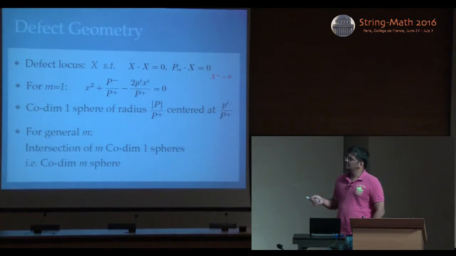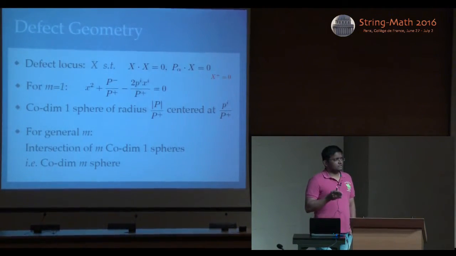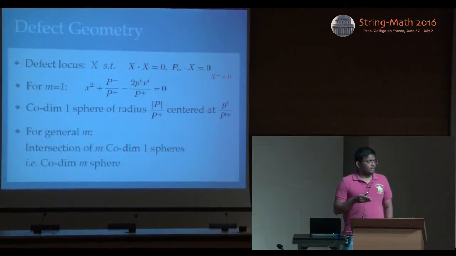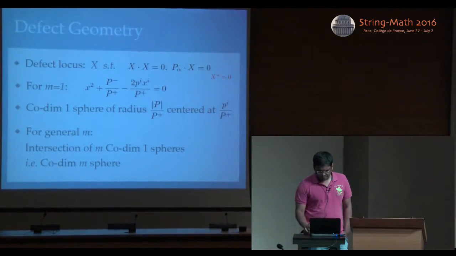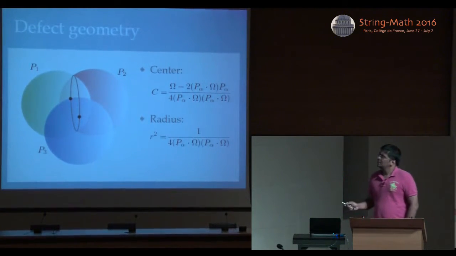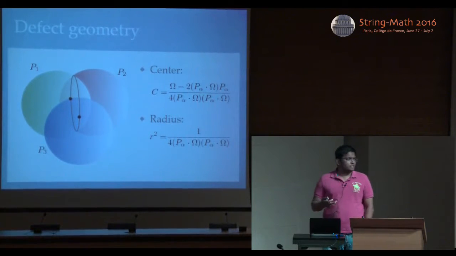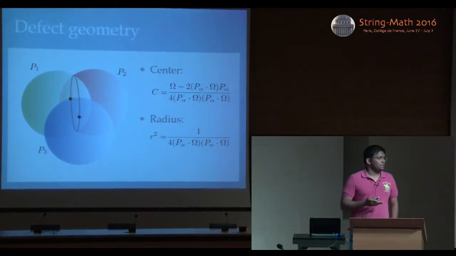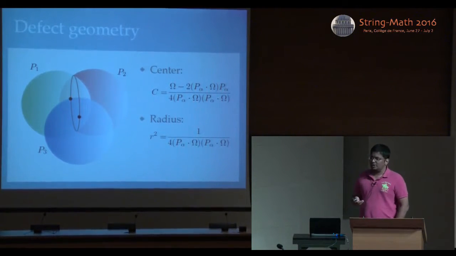So from this exercise, it's clear that a conformal defect that preserves the maximum symmetry that I want is going to be a codimension M sphere in general. Now, the center and the radius of this codimension M sphere can be fixed in closed form using the O(M) gauge redundancy that I was talking about.